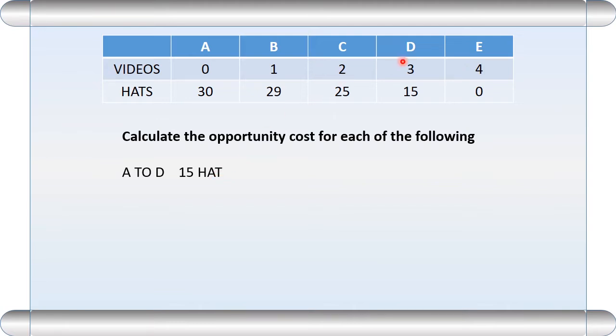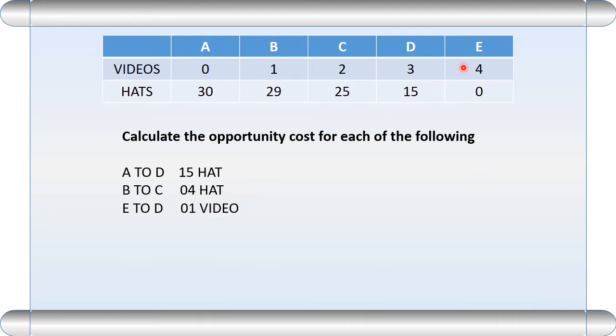Because if I am not making the video, definitely I might be knitting 30 hats. Suppose I go from B to C, it means earlier I'm making one video and I decide to make one more video, then how many hats will I sacrifice? I will sacrifice 4 hats. How? 29 minus 25. So here the opportunity cost will be 4 hats.